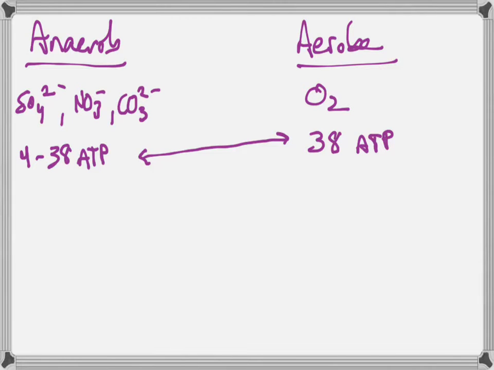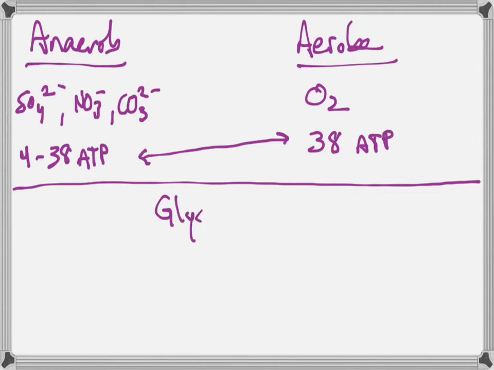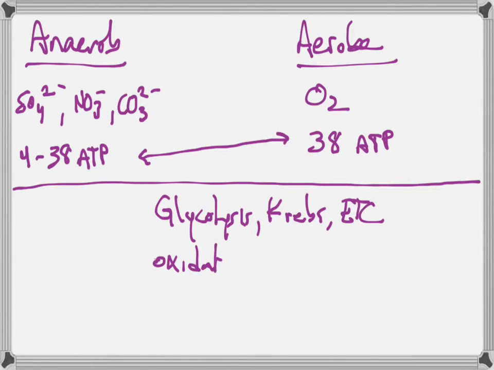Similar in what aspects? Good. So both, if we're talking about breakdown of glucose, have glycolysis, Krebs, ETC. ETC features what type of phosphorylation? Very good. And glycolysis and Krebs?